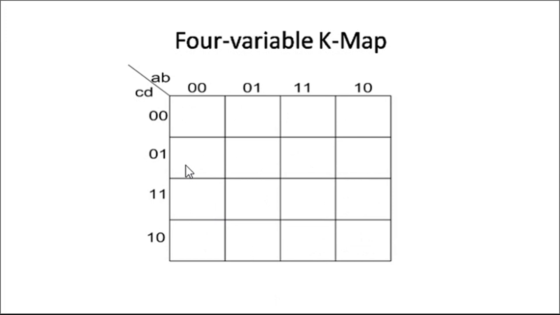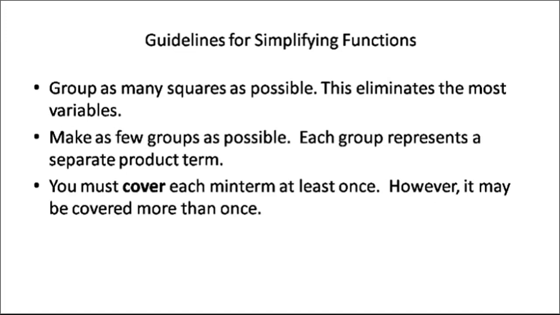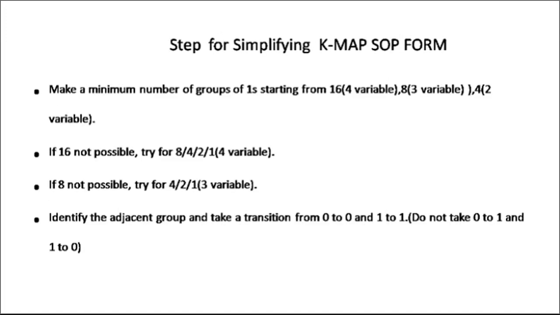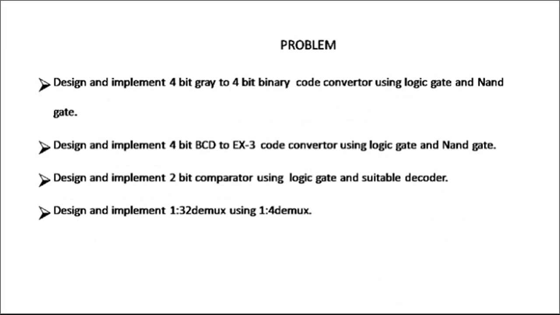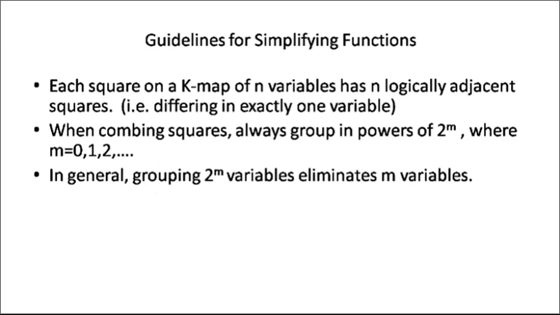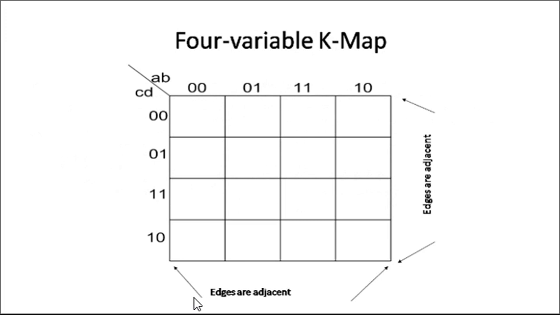Now, see here, we are showing empty boxes. In the next lecture we'll see how to solve the K-map, or what different methods we can apply for solving the K-map. Just let us overlook here. In the K-map, these are the 4 by 4 cells. These edges are adjacent to these edges.